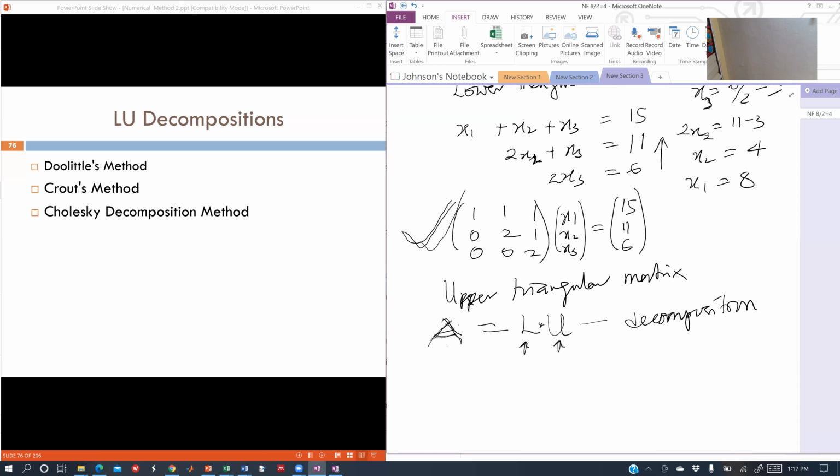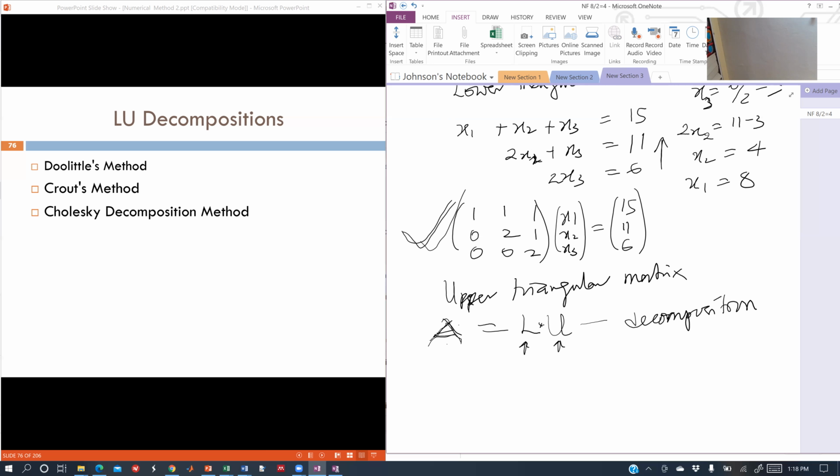So this is the whole idea behind LU decomposition. We are trying to decompose the matrix into two parts, one a lower triangular and the other an upper triangular. The methods that we are going to consider are the Doolittle, the Crout, and the Cholesky. These methods follow the same set of steps.